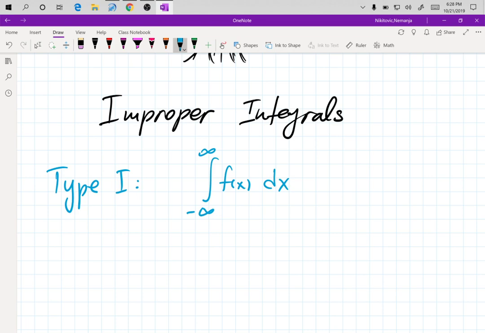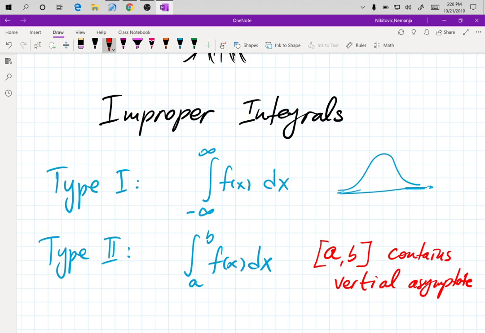The AB interval contains a vertical asymptote, and that one is the scary one, because if you are not careful, you are going to miss it, and if you miss it, that's not good.